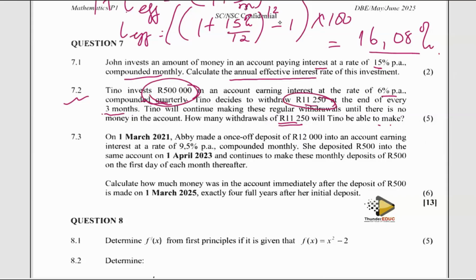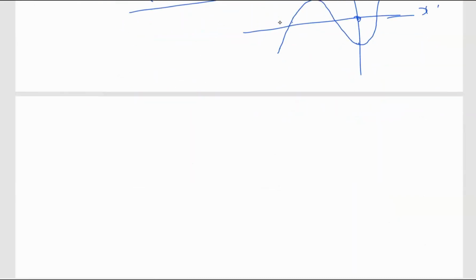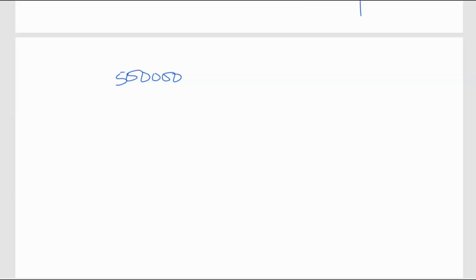So the amount that we're looking at, which is the 500,000, will be equivalent to, I'll use that formula of the present value, which is x into 1 minus 1 plus i to the exponent of negative n over i.